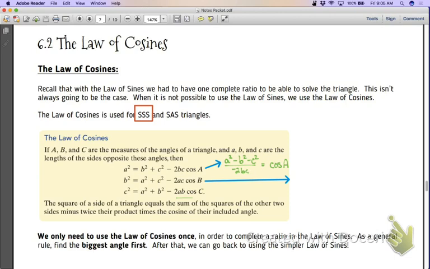If you are missing angle B, instead it'll be b squared minus a squared minus c squared all over negative 2ac to find cosine of angle B.